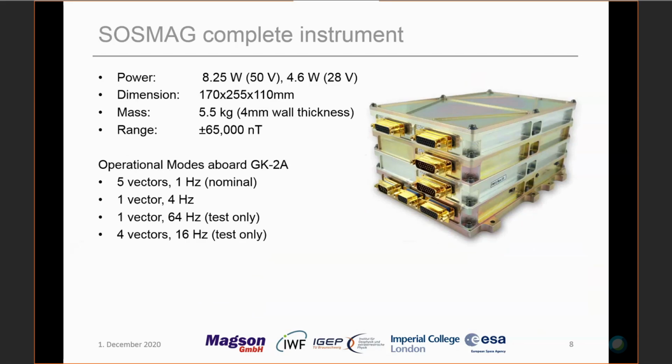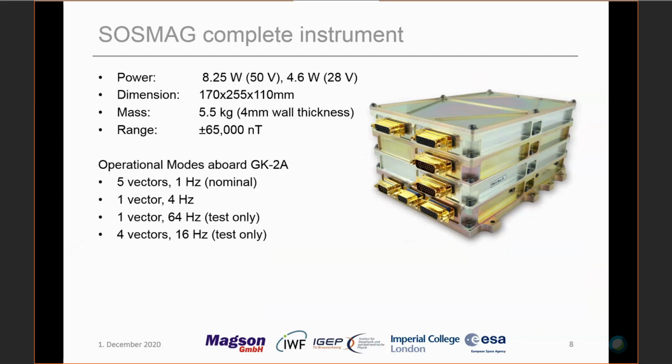So SOSMAC, this slide shows the complete stack of the instruments and shows the dimension, mass, and power resources needed for the complete stack. The high mass is also caused by the massive wall thickness of 4 millimeters. The instrument is currently operated in space in 1 Hertz 5 vector mode. That means we have 1 Hertz vectors from each magnetometer and 1 onboard corrected vector.